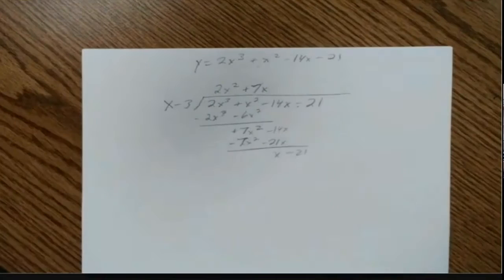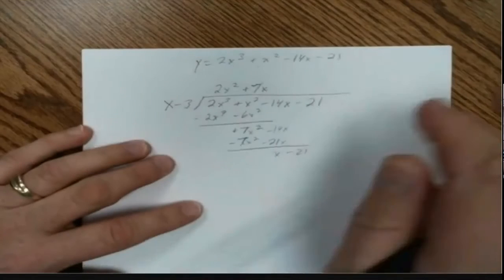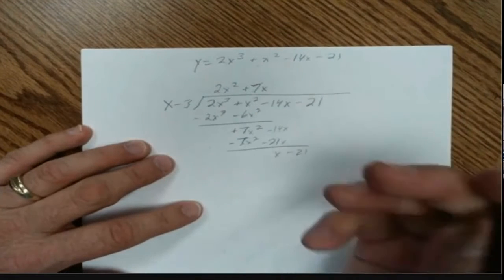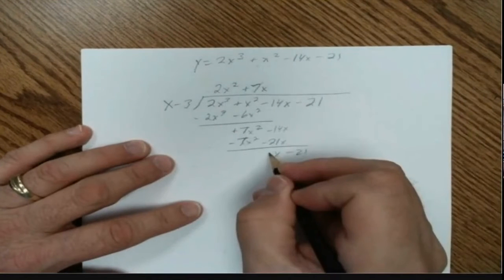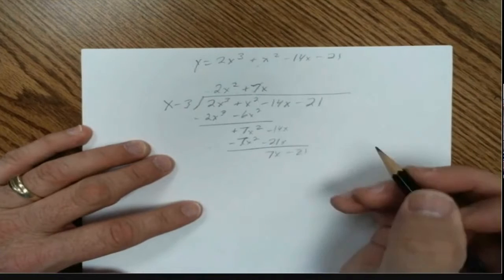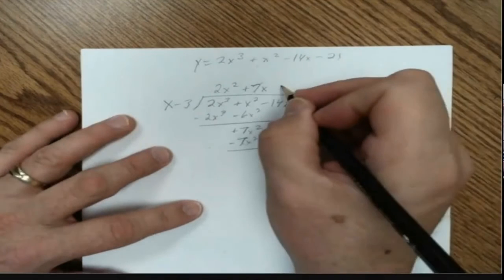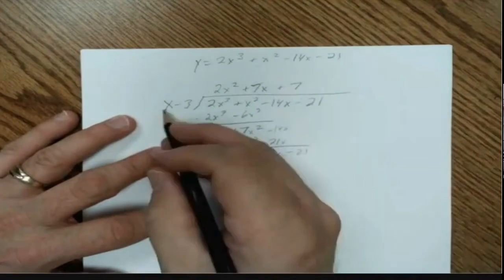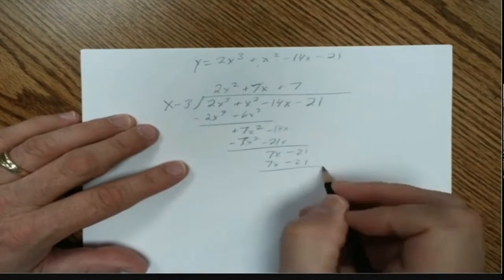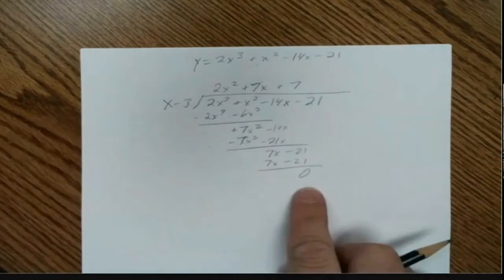Whew, it's early in the morning to be doing this kind of math, isn't it? It's all right. We'll get awake here. So when you subtract 21 from the 14, it's a positive 7. So that's going to go in there 7 amount of times, right? 7x minus 21, 0. Yeah, we should have a remainder of 0.